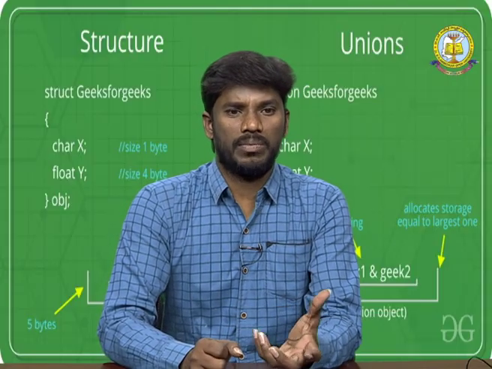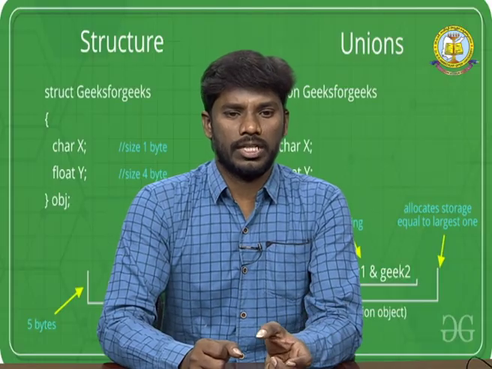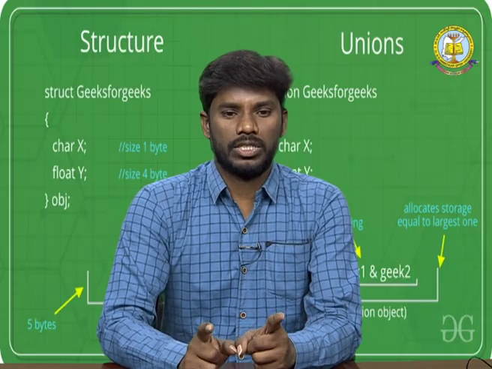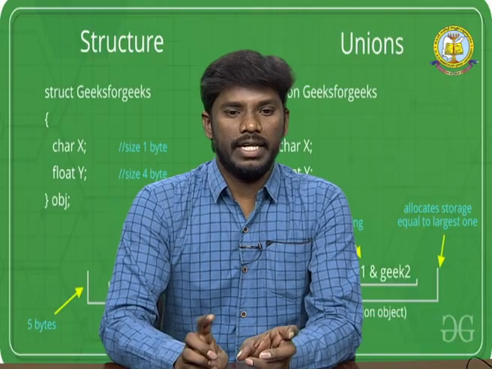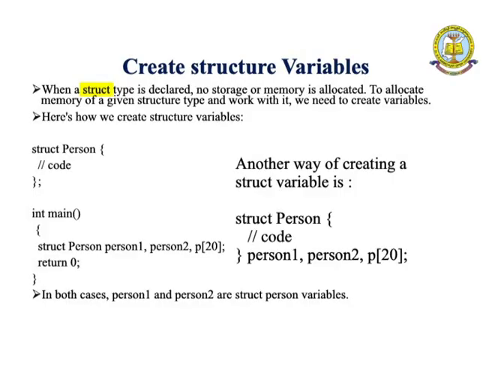Here the structure name is person, so struct person person1, person2, p[20]. These three, namely person1, person2 and p[20], are three structure variables of my structure called person.